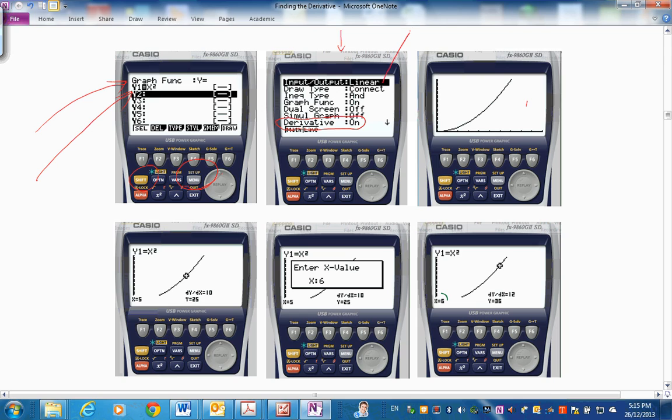It doesn't matter whether this is linear or math mode for this. What we need is derivative on. So it's shift menu to set up, make sure the derivative's on, draw the graph, and then in the next window, you hit shift and F1, which is trace.